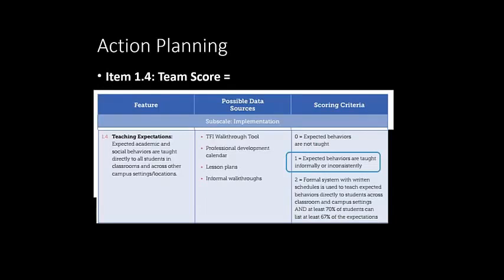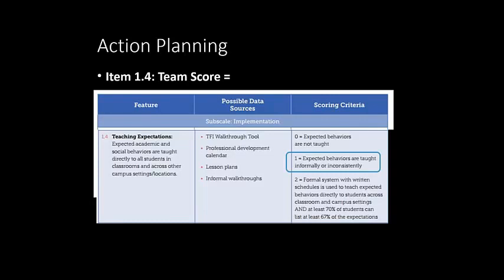So back to the TFI, a specific example. From this school, on teaching expectations, their team all agreed that they were a 1. They weren't quite a 2 yet because they had not developed a formal system of teaching the behavior expectations. They did have some lesson plans, but they didn't really have a written-out process for when these lessons will be taught.